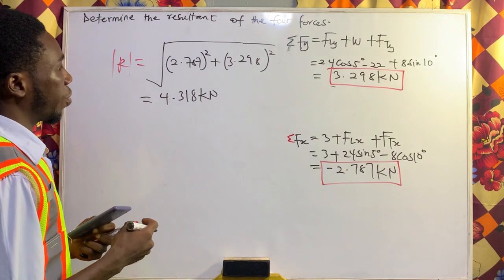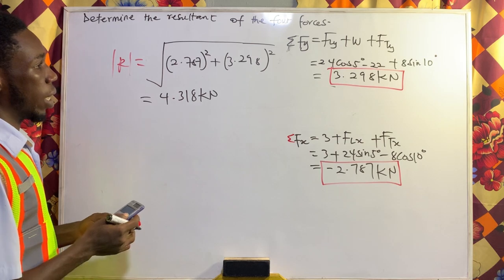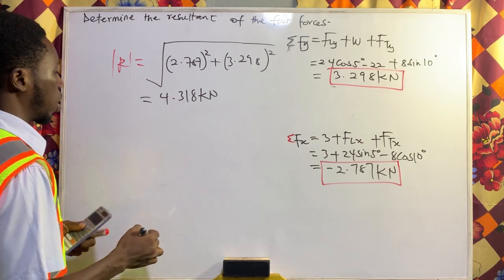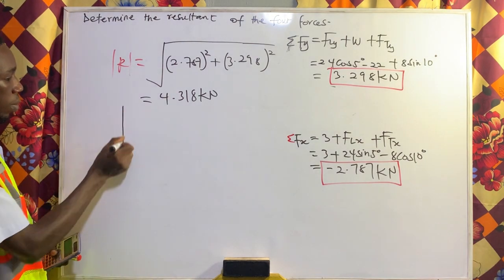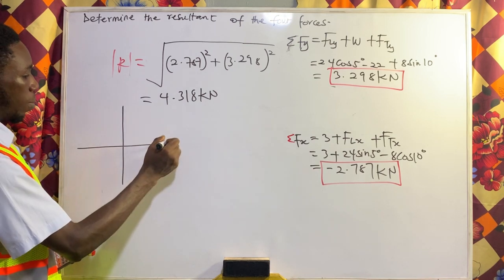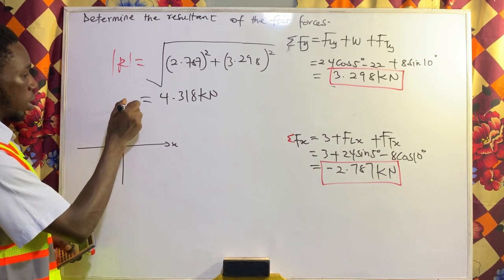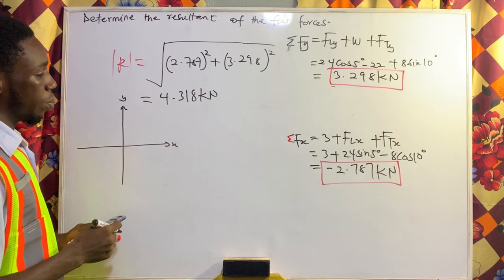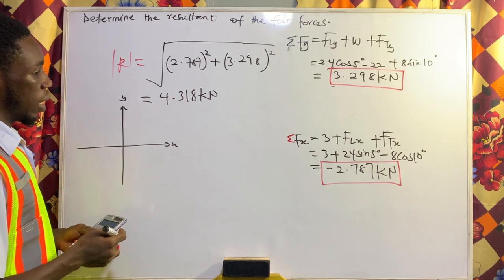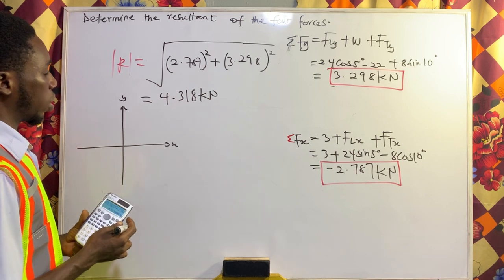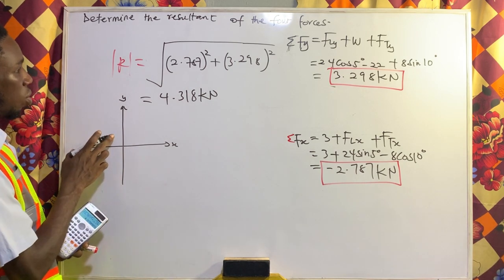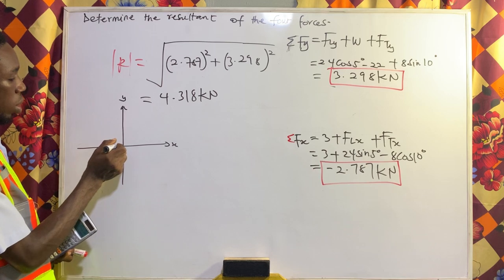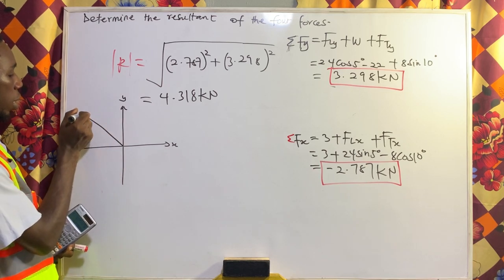So I've been asked to find the angle that it makes with the positive x-axis. Okay, so let's look at something here. This is my positive x-axis. This is my y. Okay, so now the x component is negative, and then the y component is positive. That means the resultant force will be here, right? So it is going to be in the direction like this.